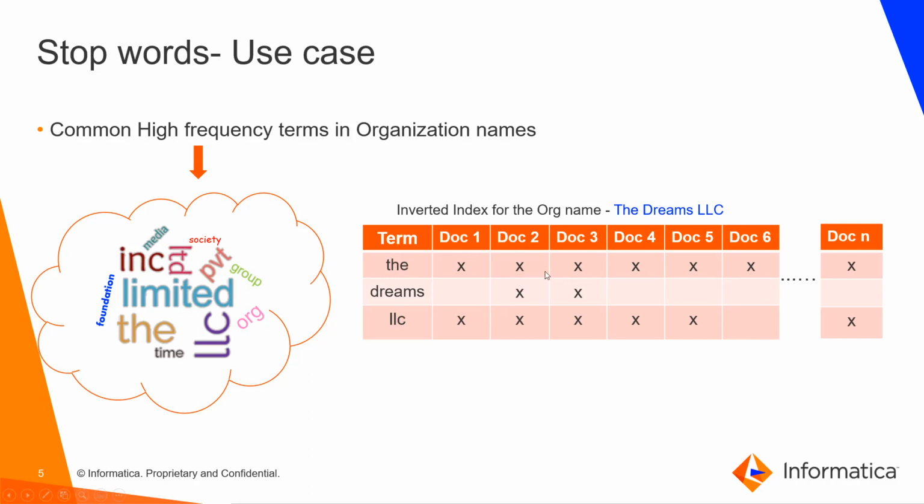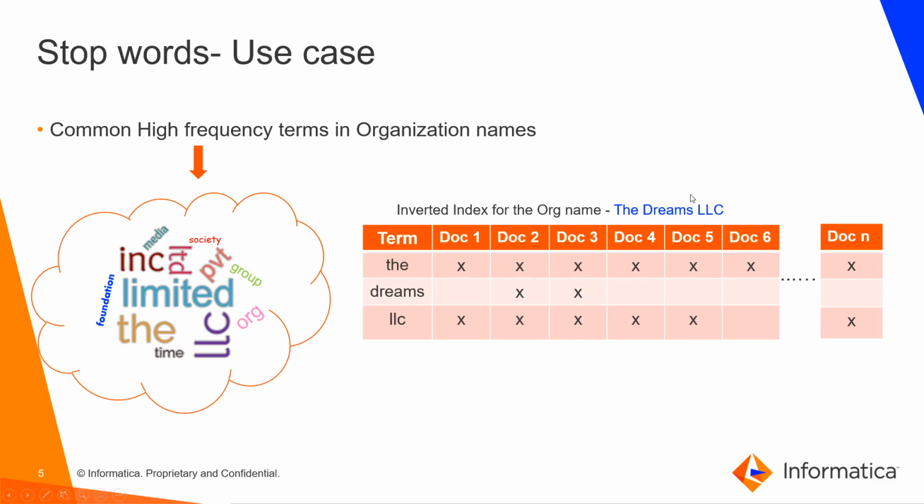These queries would run against a million documents in the index. Let's suppose the and LLC match with 500k documents and Dreams matches with 20 documents. Then Elasticsearch would have to compute the relevance score for at least 500k matching documents and return the sorted results based on the relevance score.